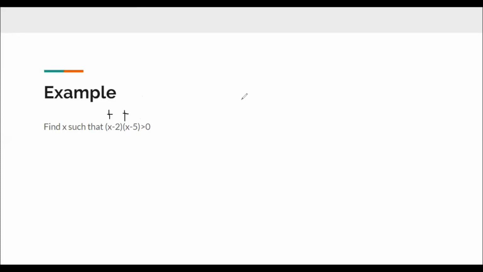Both of them are going to be positive when x is greater than 5. This one's going to be greater than 0 when x is greater than 5, and this one's going to be greater than 0 when x is greater than 2. So clearly, our case when both of them are positive is when x is greater than 5.